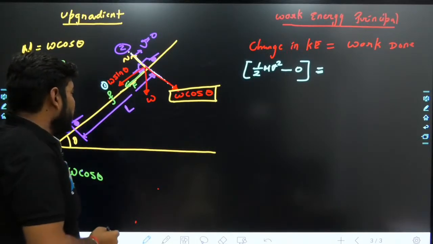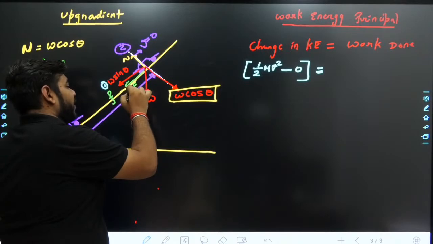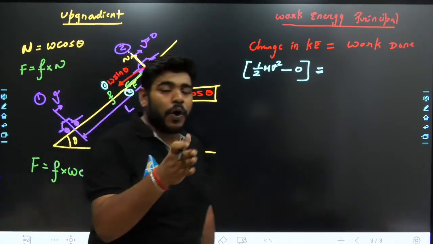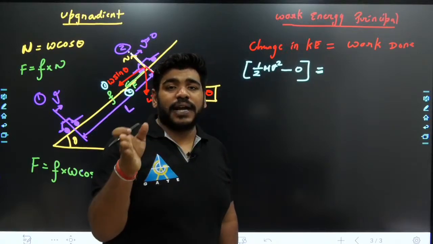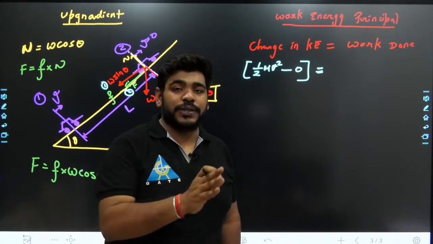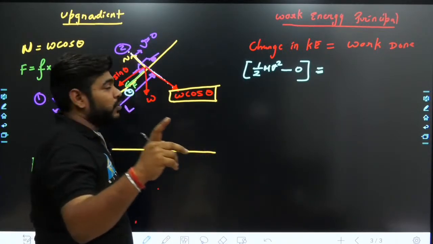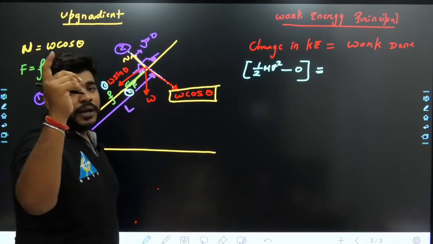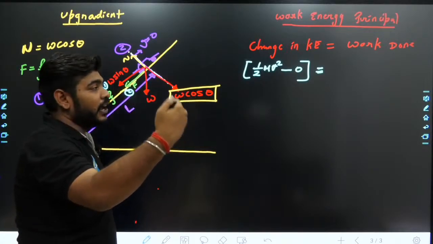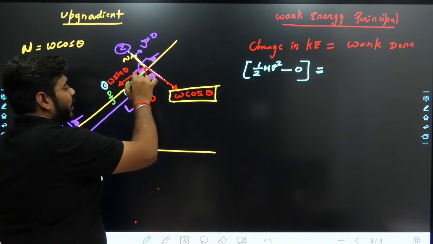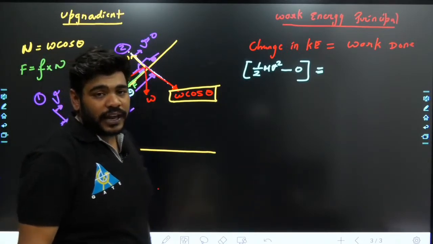And the other force that is trying to stop your vehicle is the frictional force, because friction always acts opposite to the direction of motion. So there are only two forces trying to stop your vehicle from moving: the component of weight and the frictional force.